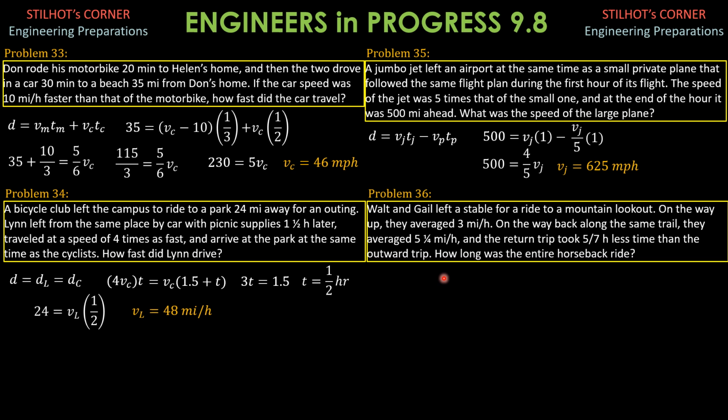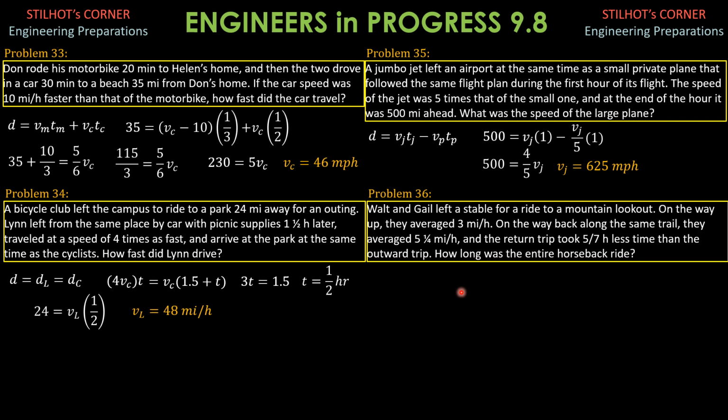So the distance is the same, outward and going back. But the total length of the horseback ride is double that distance, outward and going back, because the trail is the same. So that's the idea.